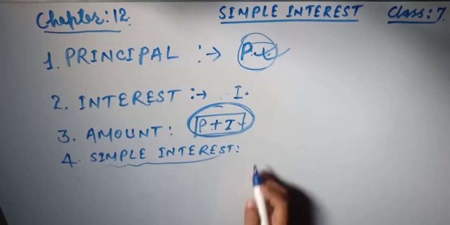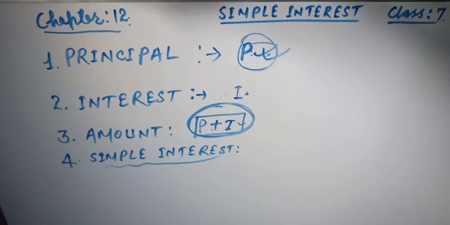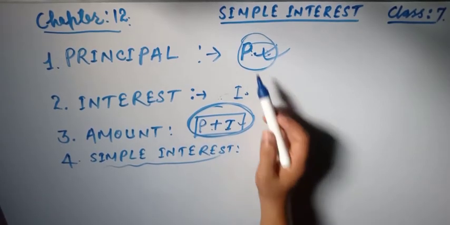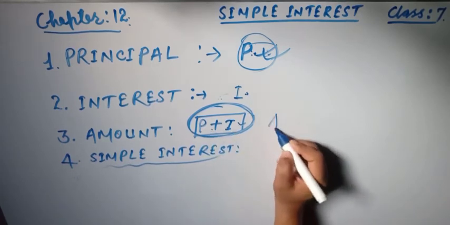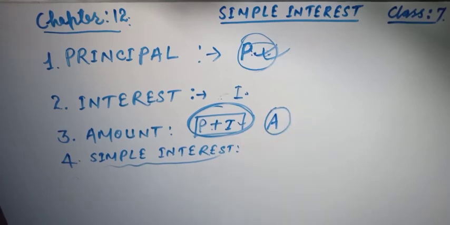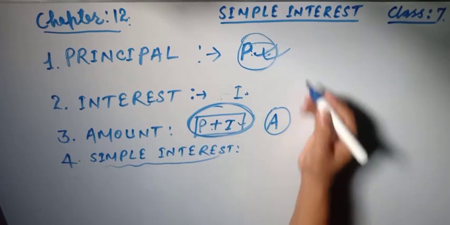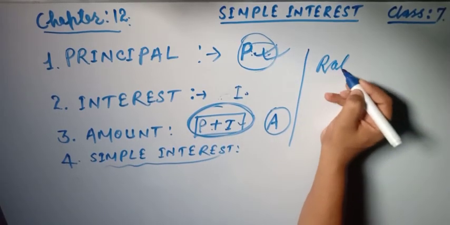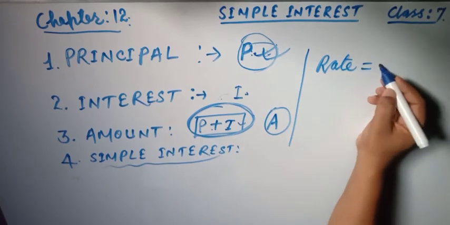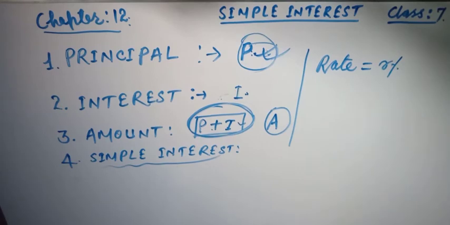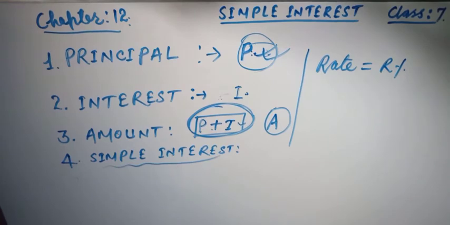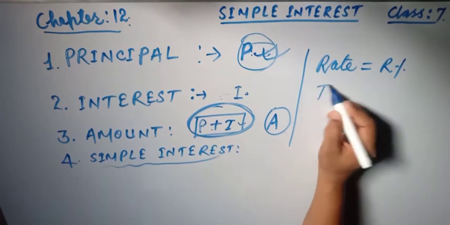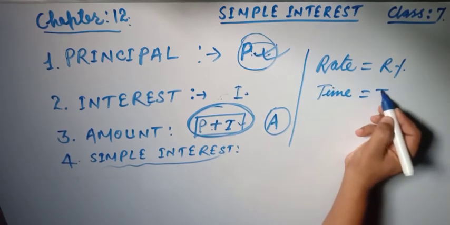Okay, so now we will discuss some important formulae. Now see, friends, here the principal is P, interest is I, and the amount is A. Amount is denoted by capital A. Okay, now the very important formula, and one thing is very important, friends, rate, R. Rate means this is R percent, or capital R sometimes, and here is the time, capital T is time.